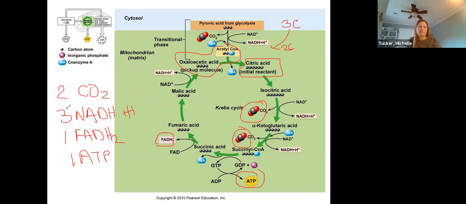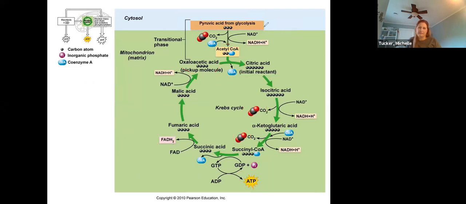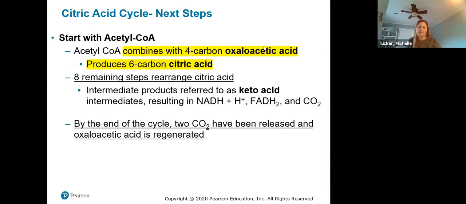We also oxidize NAD to the reduced form, NADH plus H. We get 3 of those. We get 1 FADH2, and we generate 1 ATP. So then the next few slides just restate it.